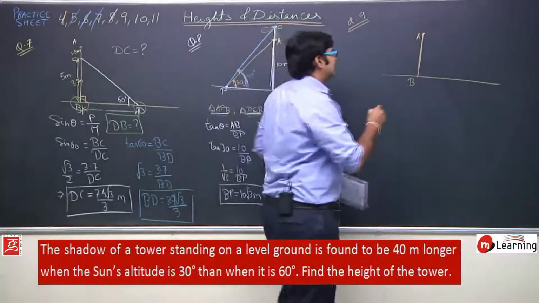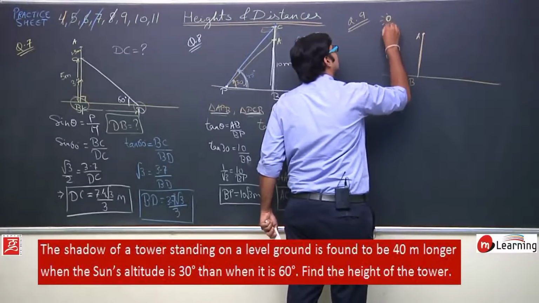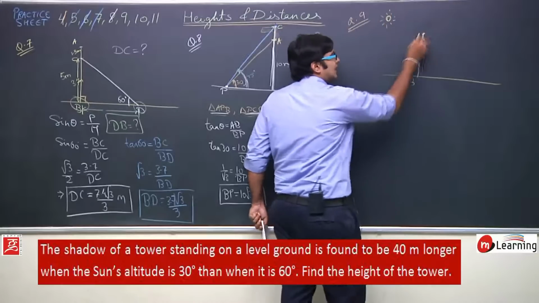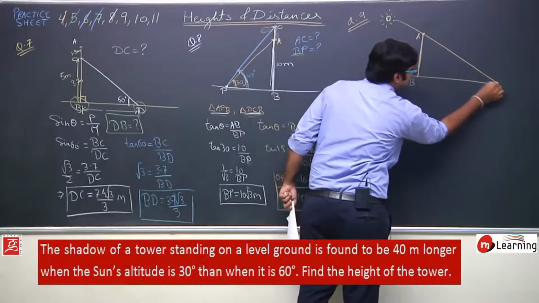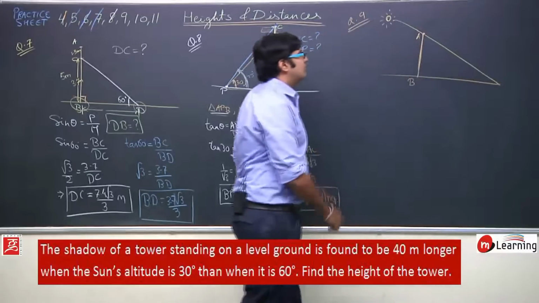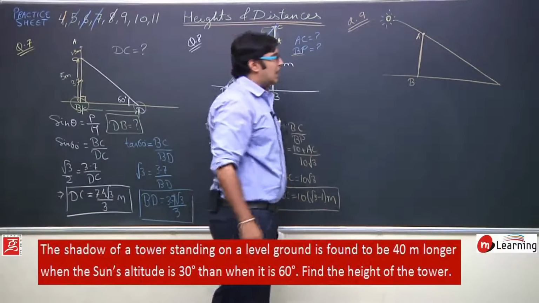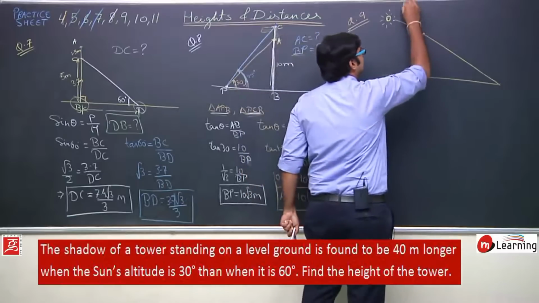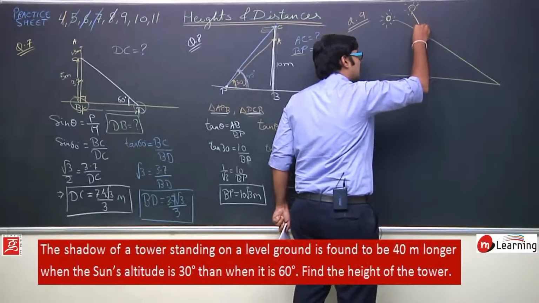If sun is, let us say, lying here, the shadow of this tower will be like this. The shadow of the tower will be like this if sun is at this position, and if sun is here, then the shadow of this tower will be like this.